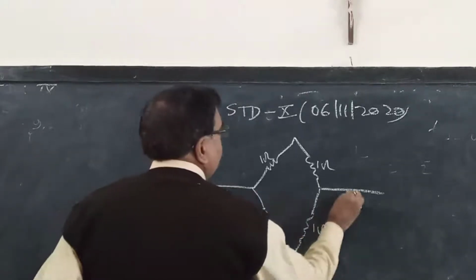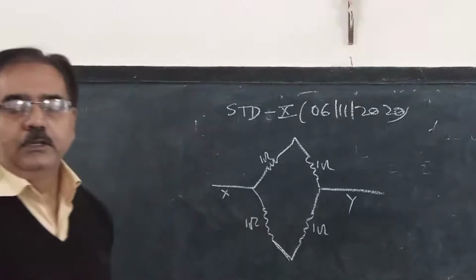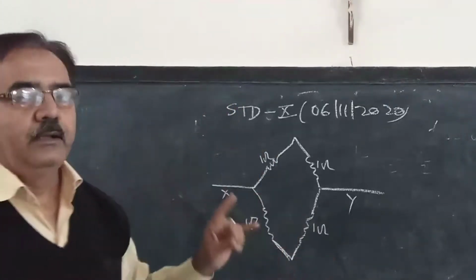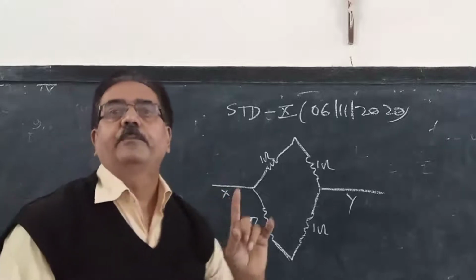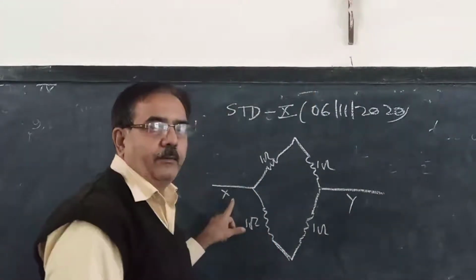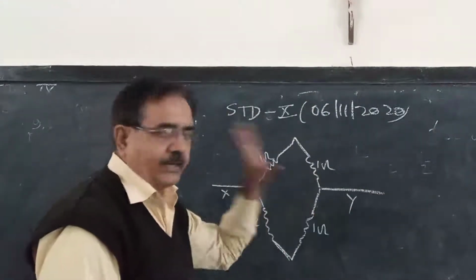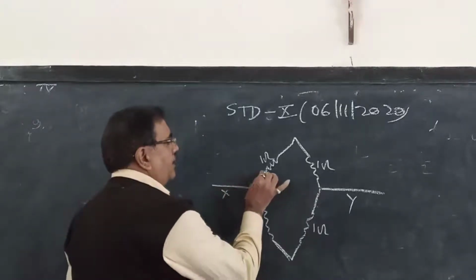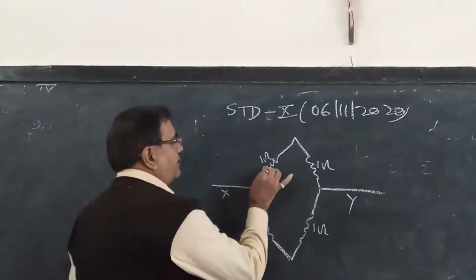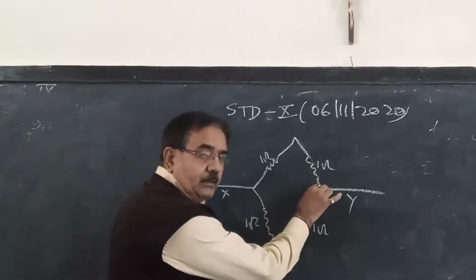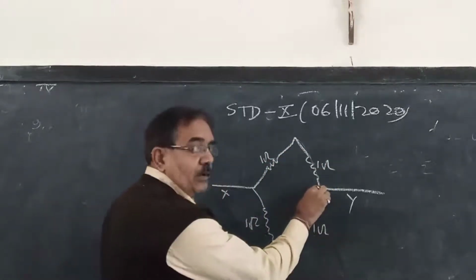This is X, this is Y. We have to find the equivalent resistance between X and Y. One terminal we keep in mind as positive and the other as negative. I am keeping X positive and Y negative. See how the current is flowing. The current comes from the positive terminal to the negative terminal.